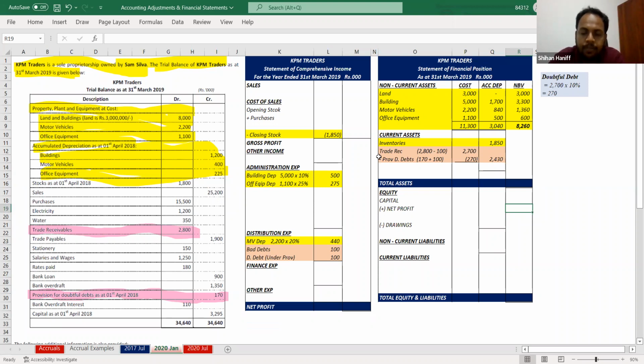So that completes the trade receivable adjustment.